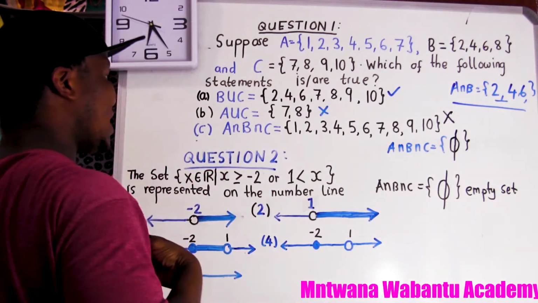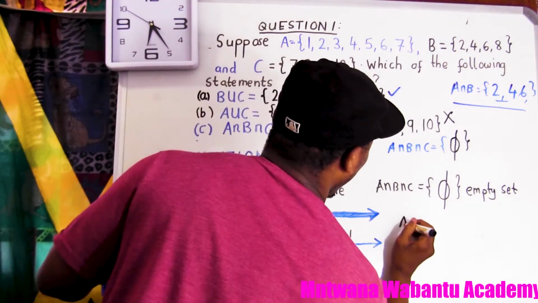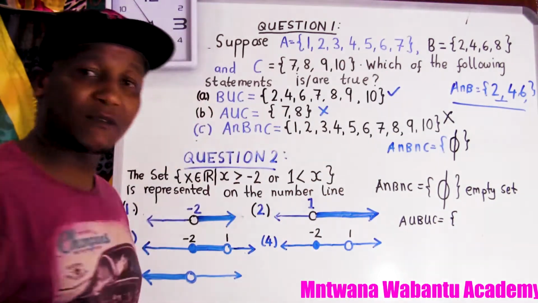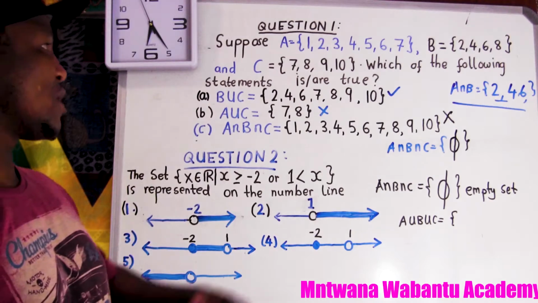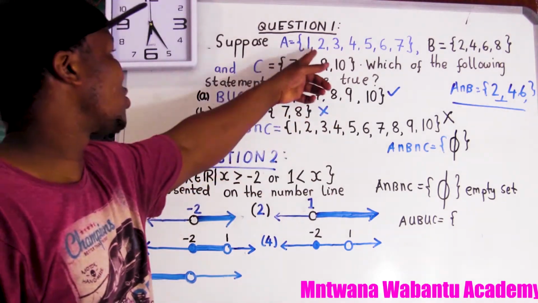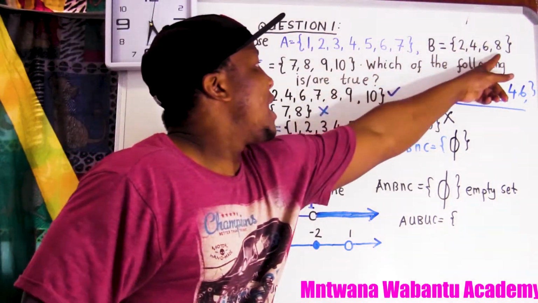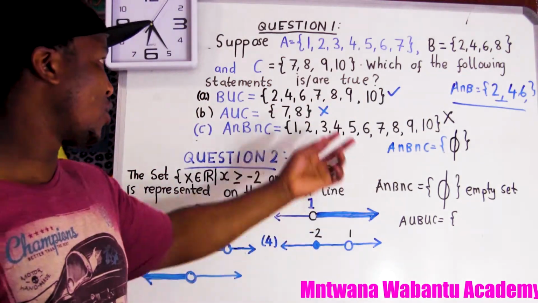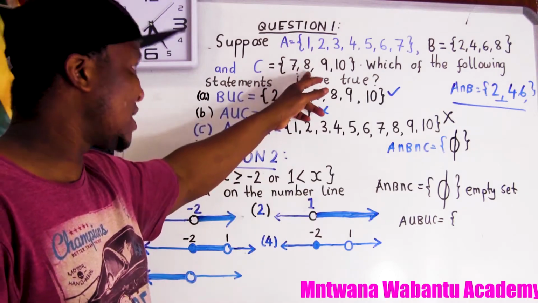But if they had asked A union B union C, then I could have said it's true, because when you unite all of them, it's 1, 2, 3, 4, 5, 6, 7, 8, 9, 10. When you put them in a union, you don't repeat elements.